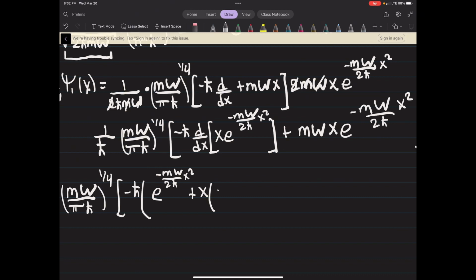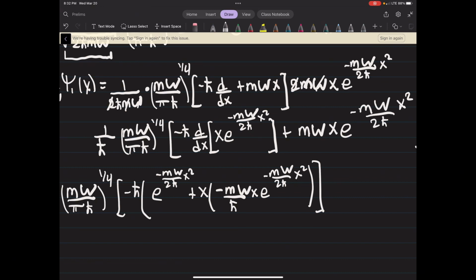It'll be minus m omega over h bar e to the minus m... Let me not forget that x because that's important to have. E to the minus m omega divided by 2 h bar x squared.